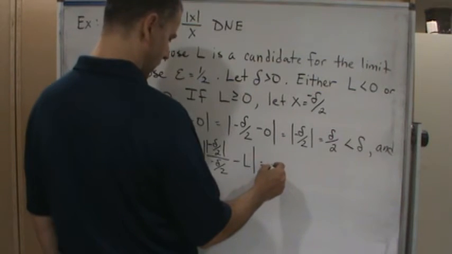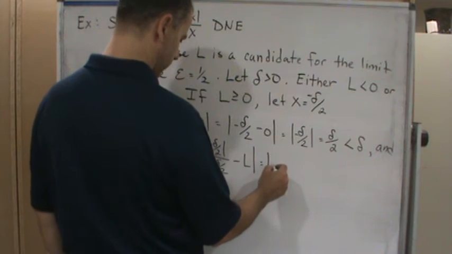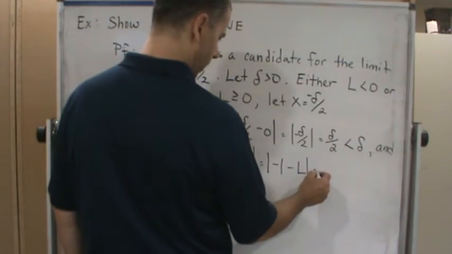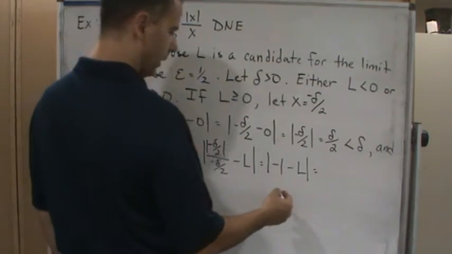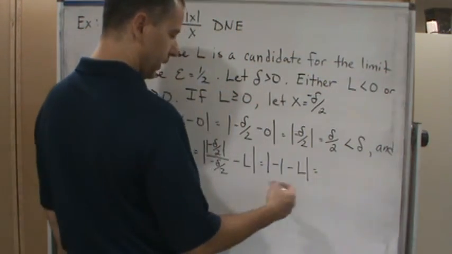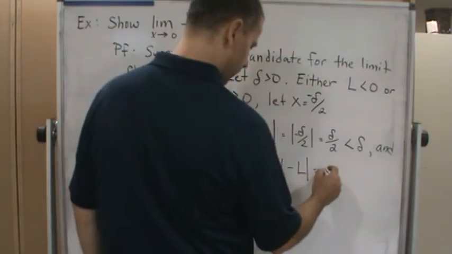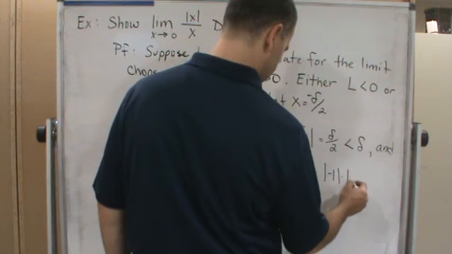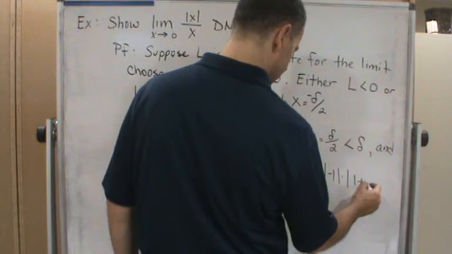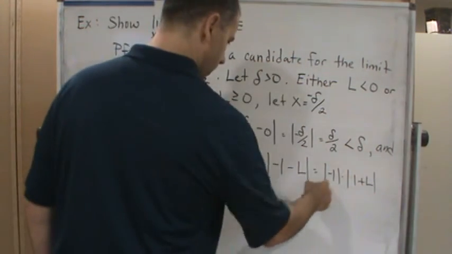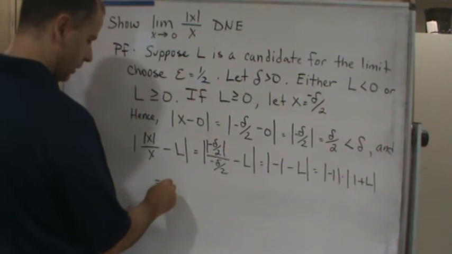So this is going to become the absolute value of negative 1 minus L, which then we can factor out a negative 1. So we get the absolute value of negative 1 times 1 plus L, right?